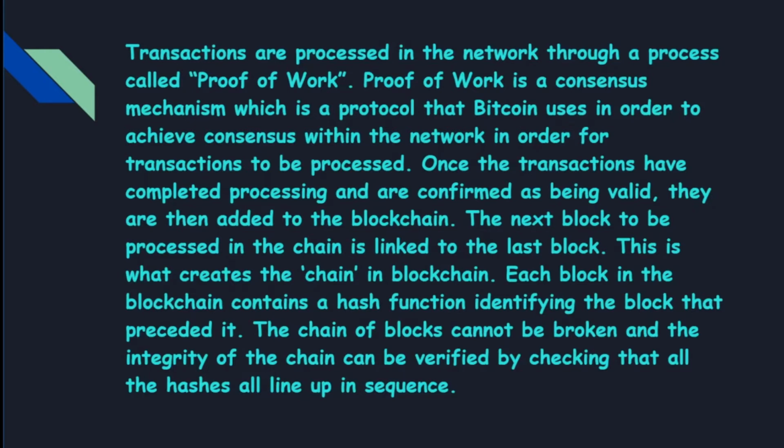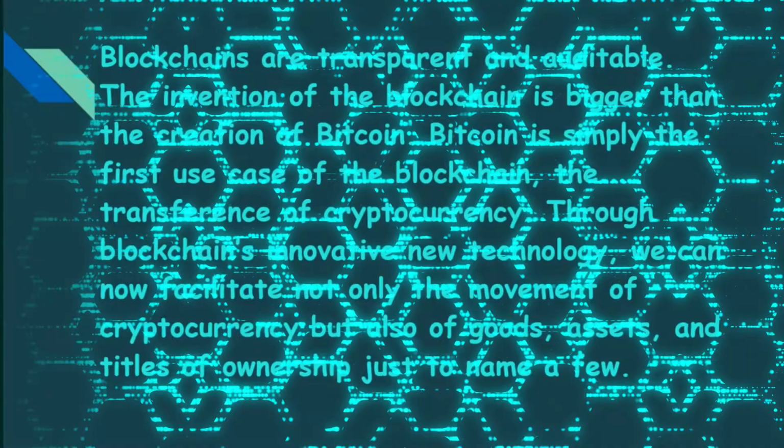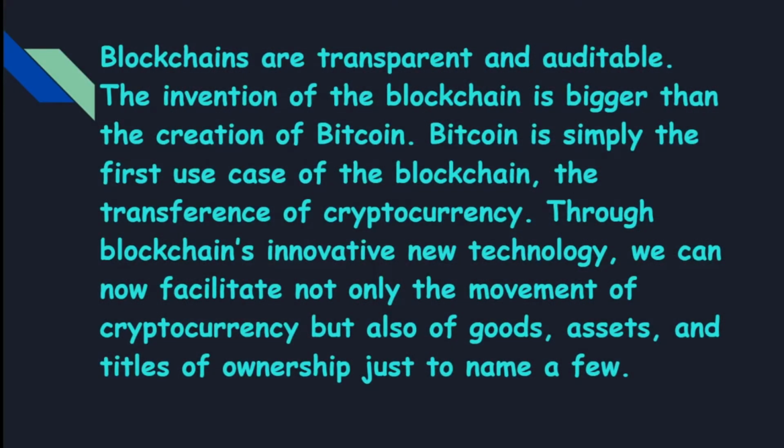Each block in the blockchain contains a hash function identifying the block that preceded it. The chain of blocks cannot be broken, and the integrity of the chain can be verified by checking that all the hashes line up in sequence. Blockchains are transparent and auditable.